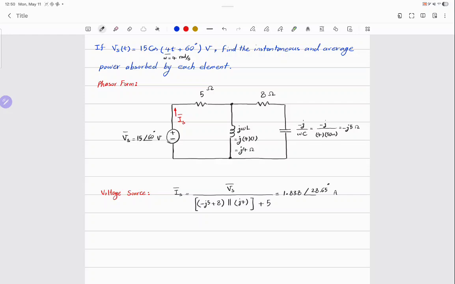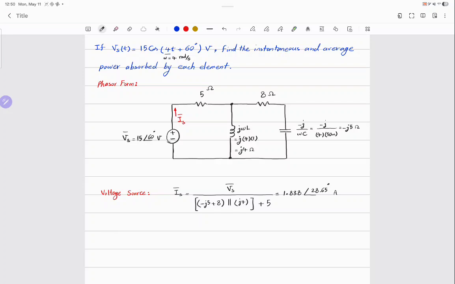He changed it to polar, which is very good, but you need to understand why polar is preferred here. The voltage is not given in polar, it's given in cosine form. You change it to polar. Any question? Okay. Now that I have IS, I can go for calculation of power.